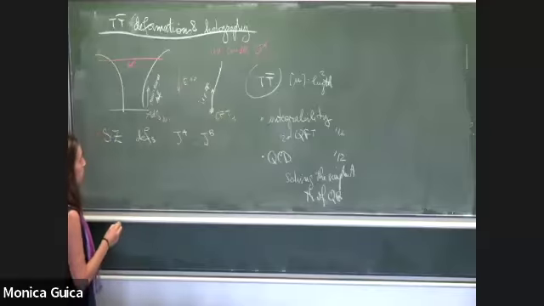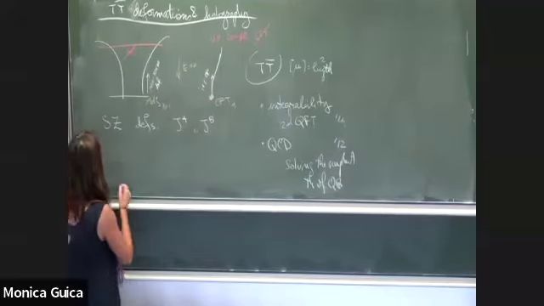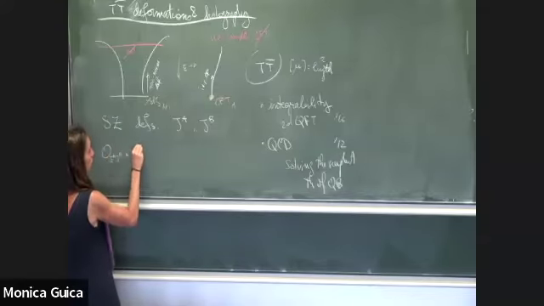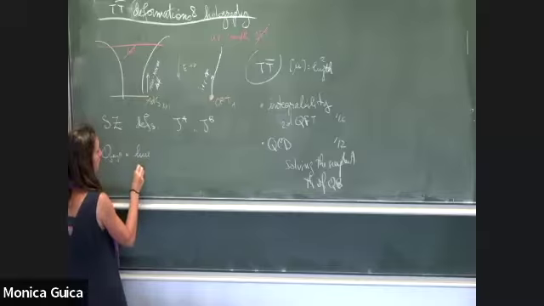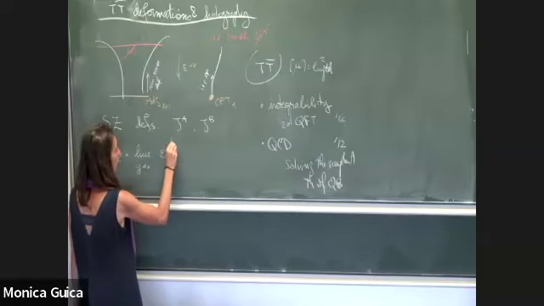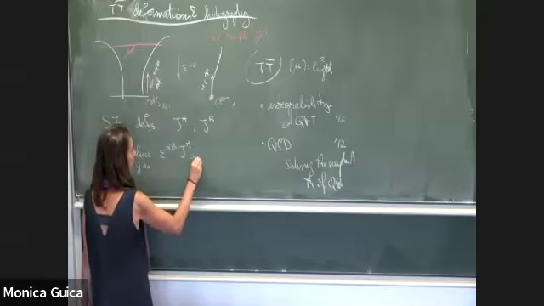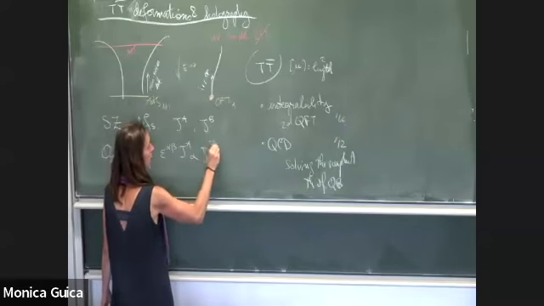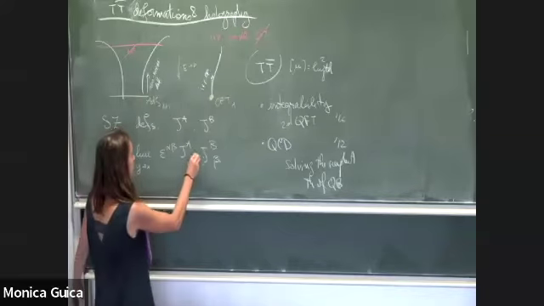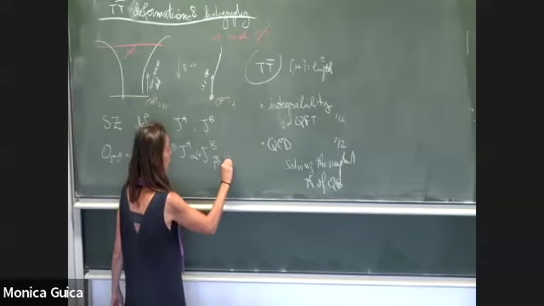Then you can construct an operator, the Smirnov-Zamolodchikov operator, which is the coincidence limit as y goes to x of epsilon^{alpha beta}, the alpha component of J_A at x, the beta component of J_B at y, antisymmetrized.